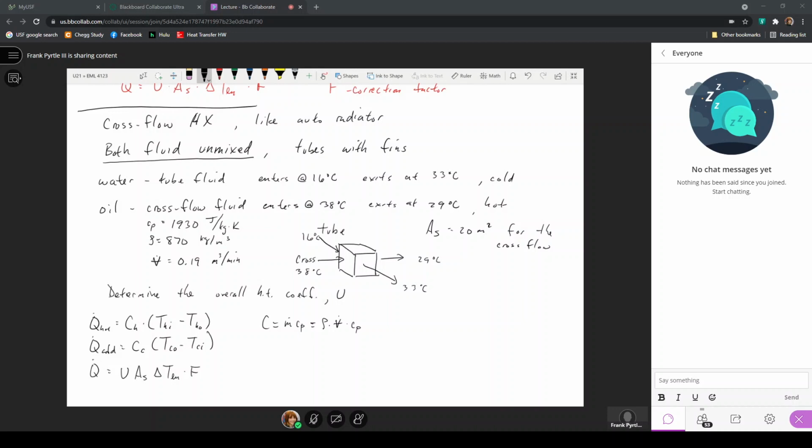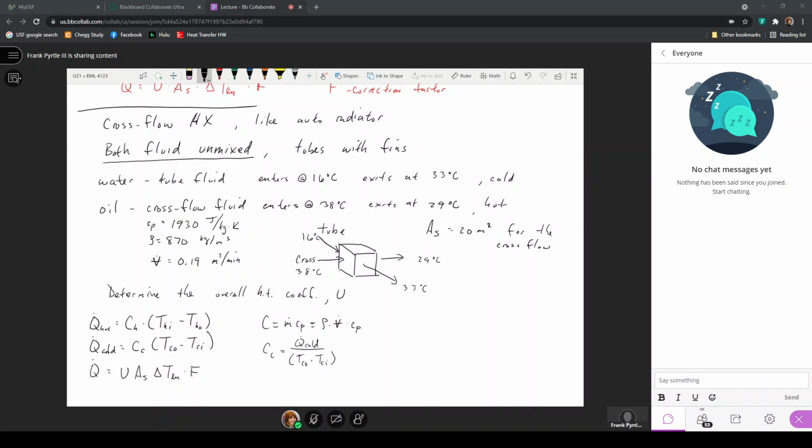And we have the two temperatures for the hot fluid. So if all the heat lost by the hot fluid is gained by the cold fluid, we could actually calculate the capacity rate for the cold fluid, because we have the cold outlet and inlet temperatures, and that heat gained by the cold is exactly the amount of heat lost by the hot fluid. So this would allow us to find the capacity rate of the cold fluid, in that it would just be Q dot cold over T cold out minus T cold in.